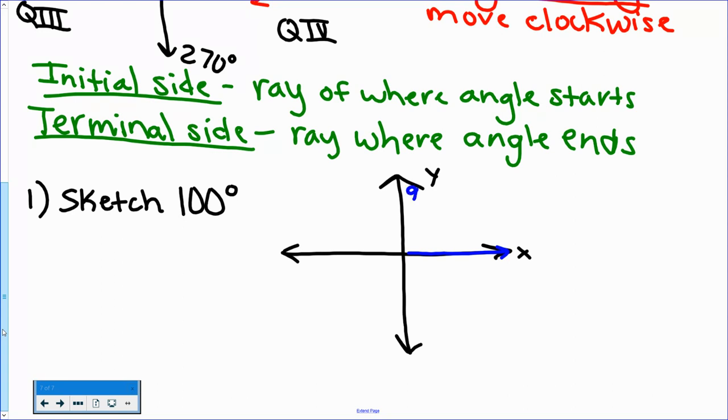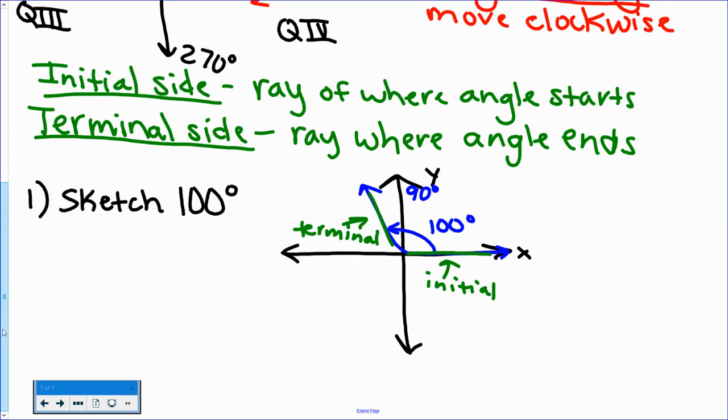Right, this is 90 degrees up here, so 100 degrees needs to move a little bit past 90 degrees. So there's my sketch. So I'd be looking for the picture for multiple choice in Math Excel. That's terminal side, right? So here's the terminal side. And then there's my initial side. Where its terminal side would be a little bit past 90 degrees.